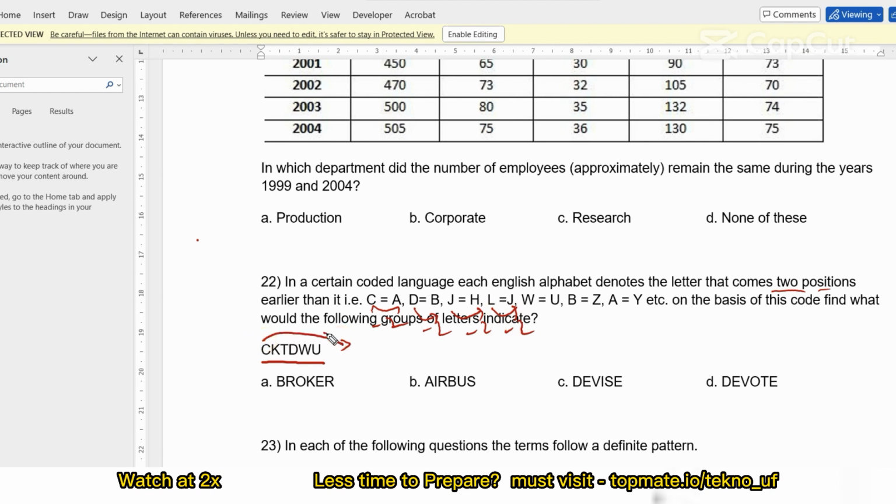C -2 is A, right? K I T R, right? So you don't have to calculate further, because you can see there is no other option apart from B which has this 3-letter AIR, so we can opt for option B. I hope you understood. So let me show the next question.